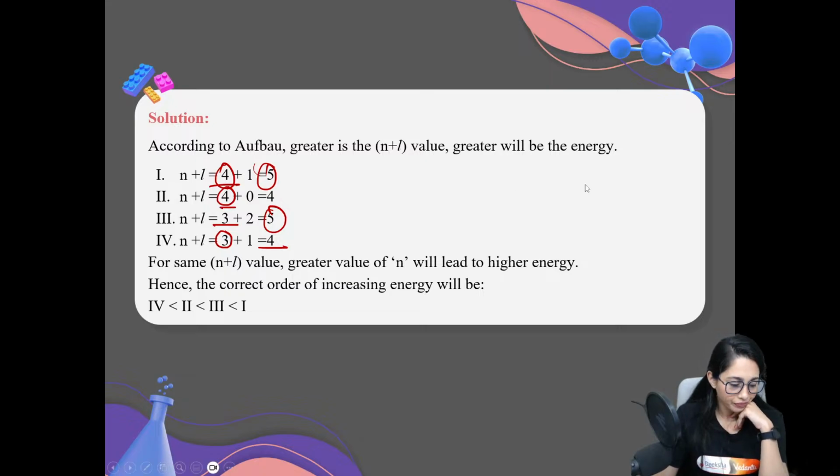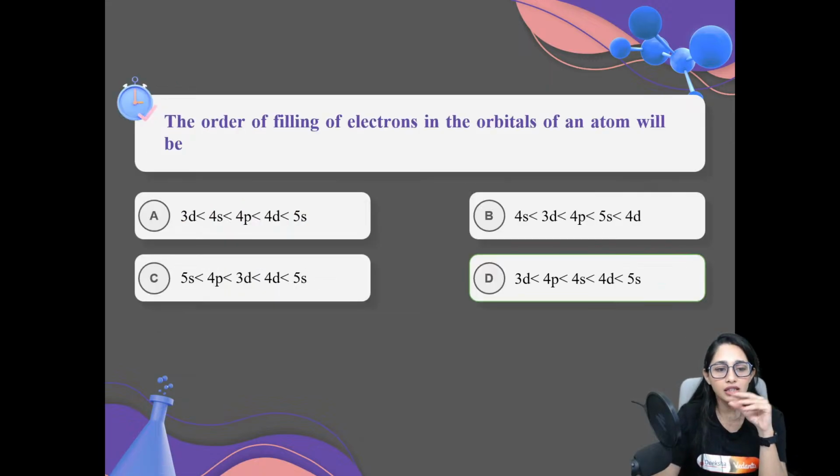Okay. Next, the order of filling of electrons in the orbitals of an atom will be dash. What is the order? Remember that 1s, 2s. See that and give the answer. You can go back and see.